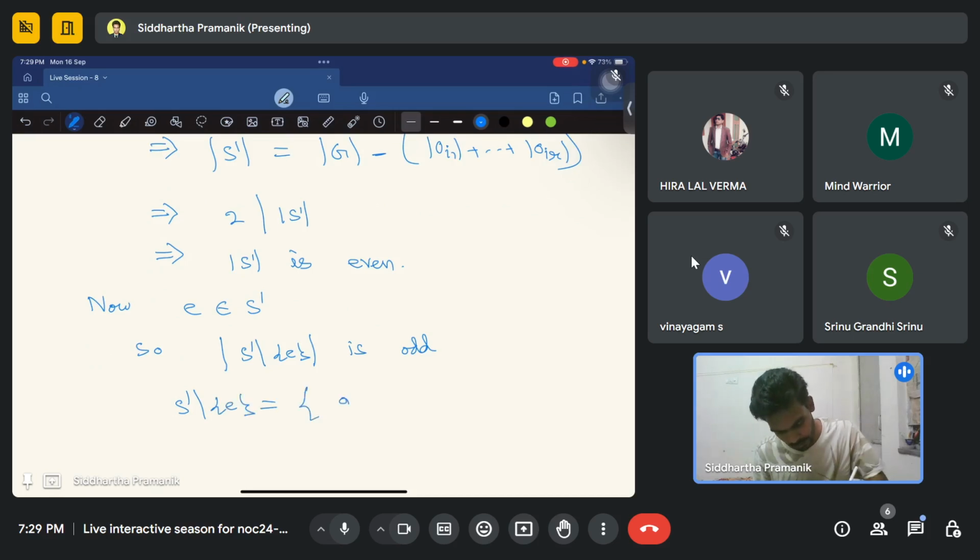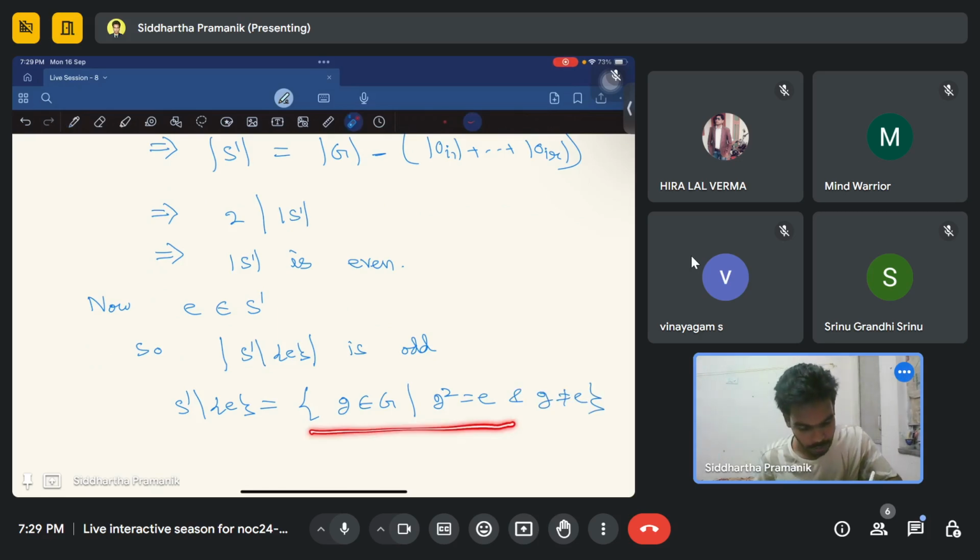So what is this set? This set is basically g belongs to G such that g square equals e and g is not equal to identity. So this is the set of all elements of order 2, right? And the cardinality of this set is odd. So we are done.